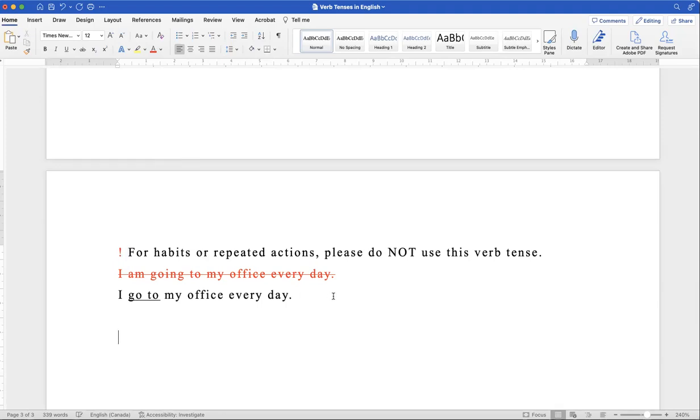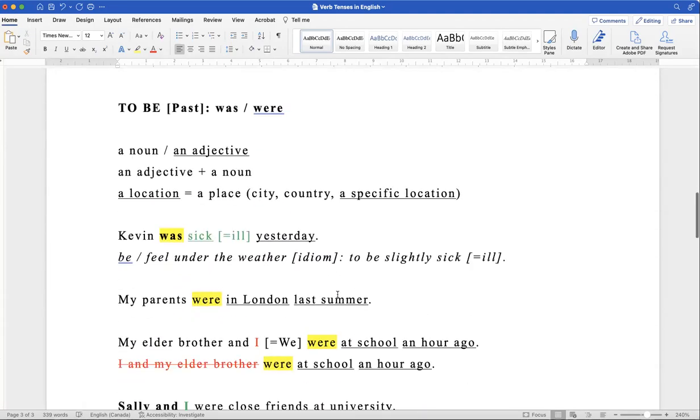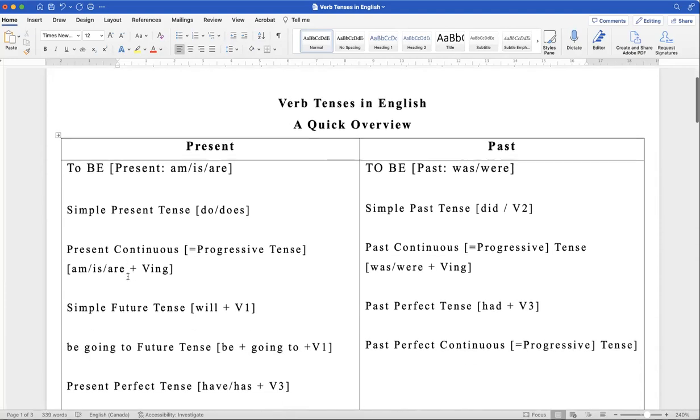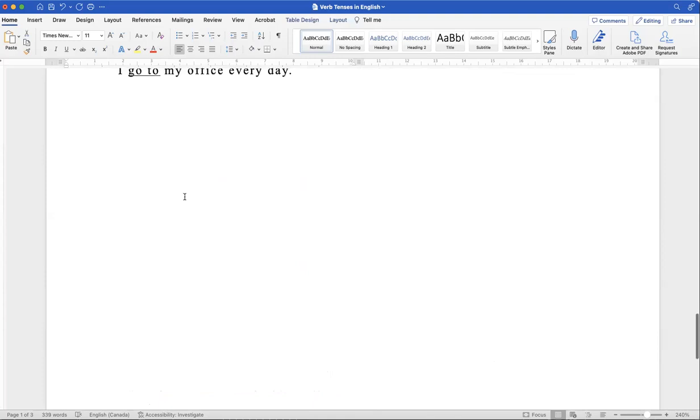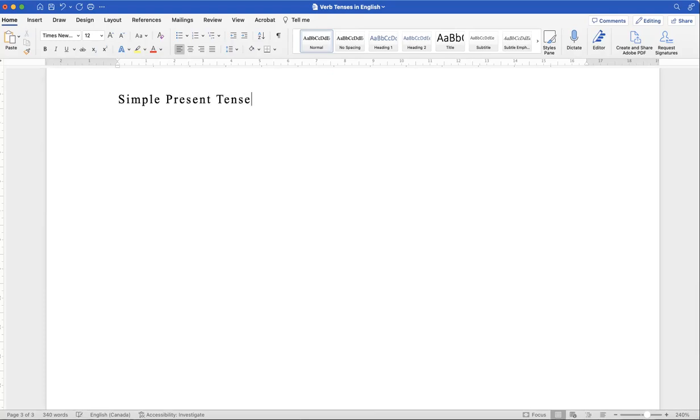Moving on. So we talked about present continuous tense, to be present form, to be past form. And now we will talk about simple present tense. We can talk about repeated actions or habits or facts using simple present tense. In this structure, in negative sentences, we use don't or doesn't, and then we use verb one.